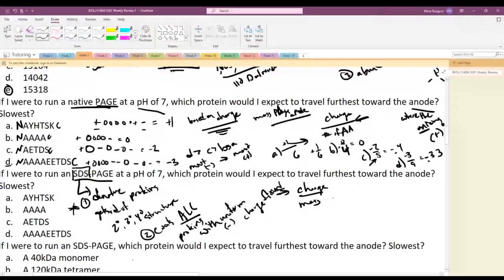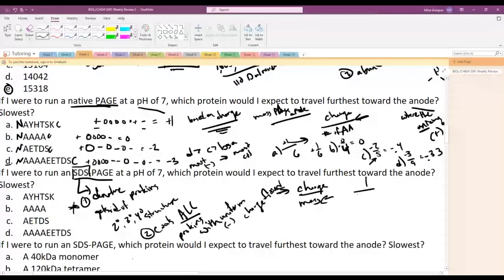And all we care about now is the mass. So the thing that's going to travel closest to the anode, which again is anything positive, is going to be the lightest. The lightest of these proteins, of these polypeptides, is going to travel furthest, because since they all have the same charge, the lightest can be moved the most.